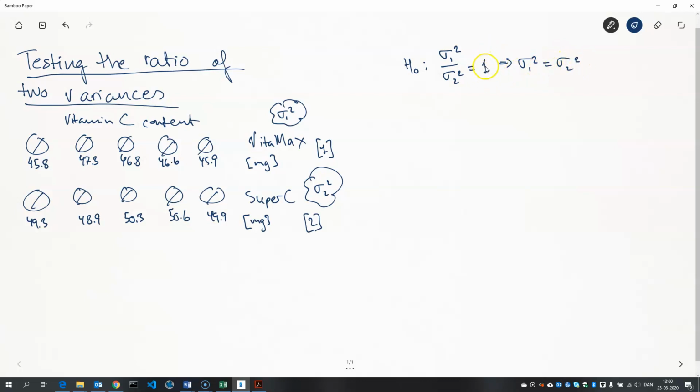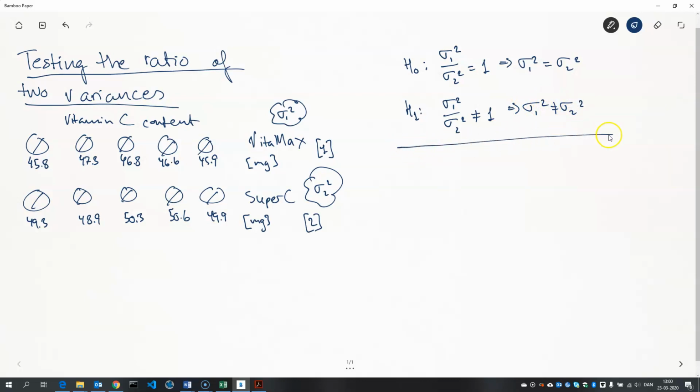Now I don't have to choose the number 1 here, but if I want to test if the two variances are the same, then I have to choose 1, obviously, because that means the two are the same. So 1 is a very common choice for the hypothesized ratio. And the alternative hypothesis is, well, I'll choose the two-tailed test. So the alternative hypothesis is that the two variances are not the same.